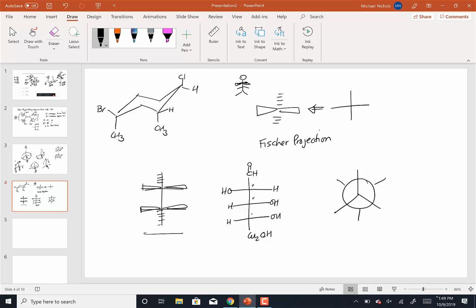Okay. So once we've got the system down of 1 to 4, orient 4 in the back, determine R and S, we now need to do it with more than just a tetrahedron. We need to do it with cyclohexanes, we need to do it with Fischers, we need to do it with Newmans.